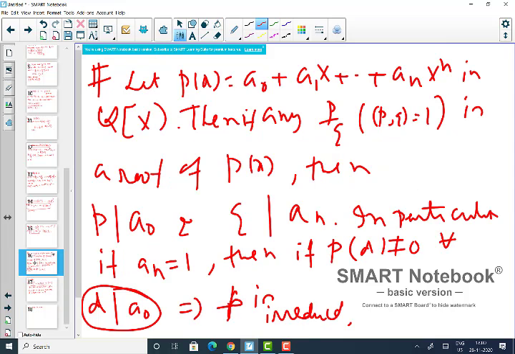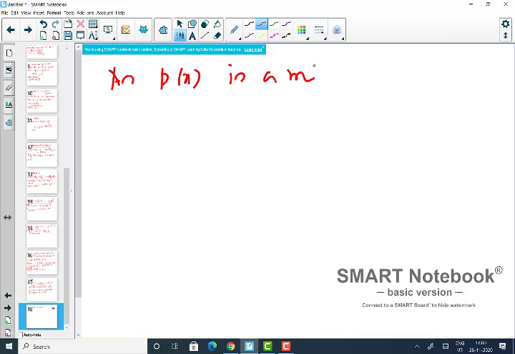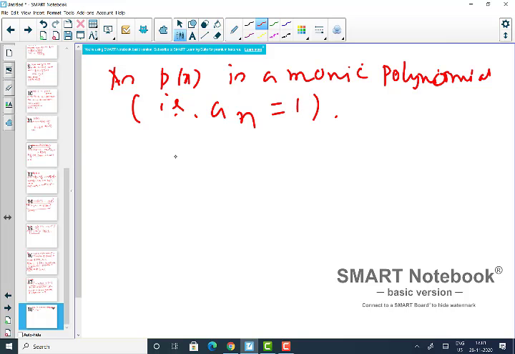So as this is a monic polynomial, that is, the leading coefficient is 1, monic polynomial means what? Monic polynomial means that the roots must be integers, right?